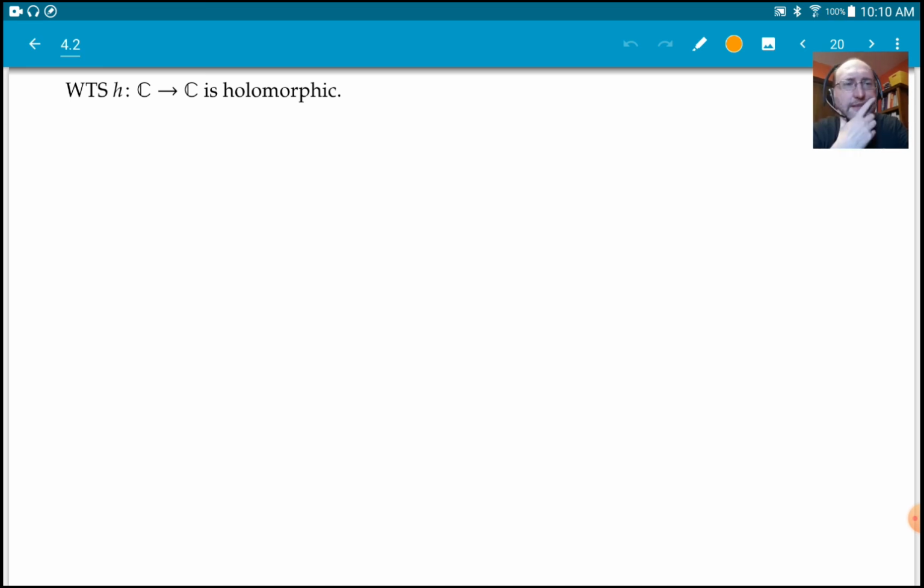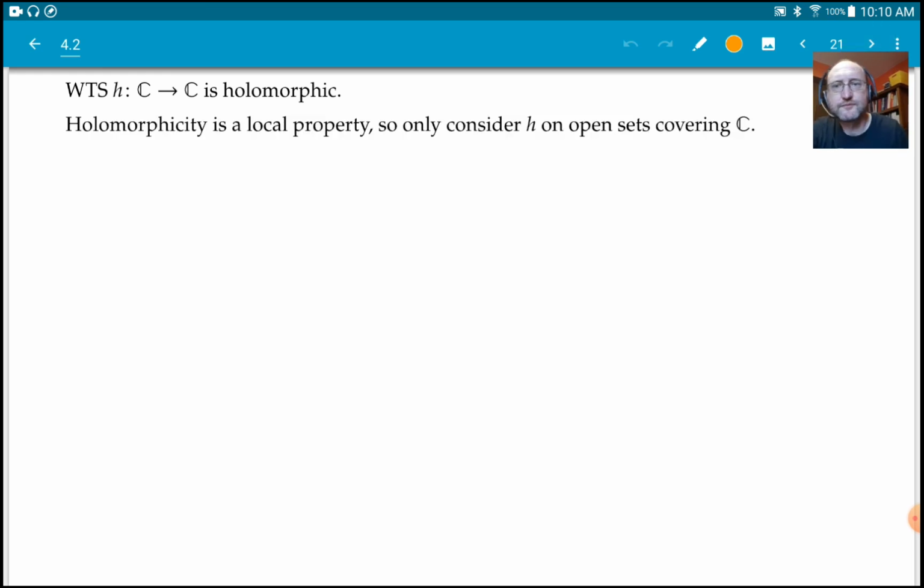Now we want to show that h is actually holomorphic. Now, holomorphicity is a local property, so you only need to consider it in every neighborhood, right? So if you prove it in open sets that cover C, right? I mean, this is supposed to be an entire function, right?